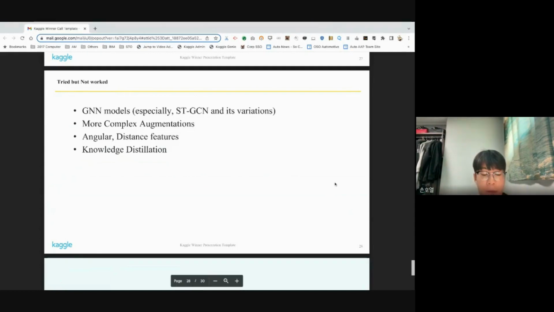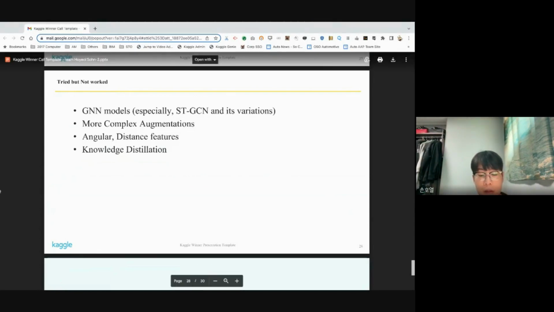Many other teams successfully used angular and distance features, but I failed to utilize them. I expect this area could be a focus for further improving my model performance. I also tried several other ideas, but most of them probably did not work because they were not implemented correctly.